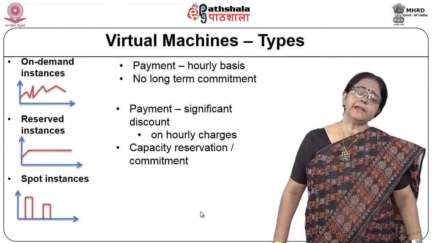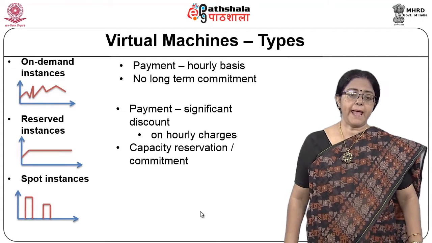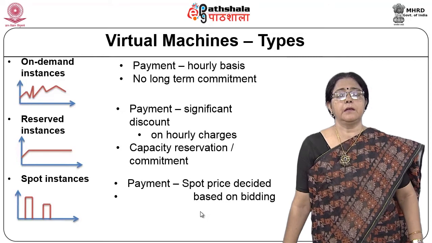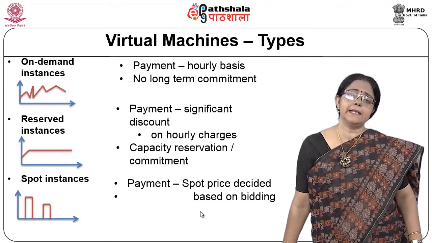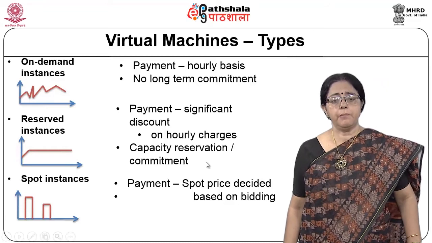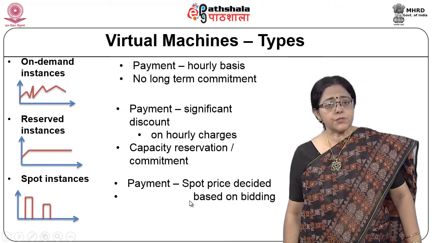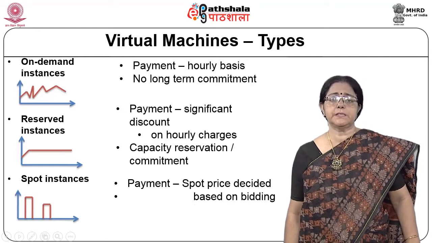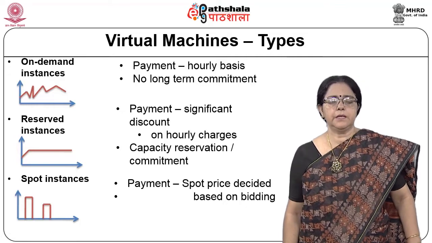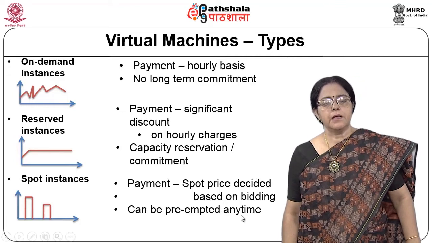And the third variety, which was introduced by Amazon some time back, is called spot instances, which will be significantly less costly for the users, but will be based on availability. So there is no guarantee that the spot instance will be available. If a spot instance is available, the user can take it and use it.